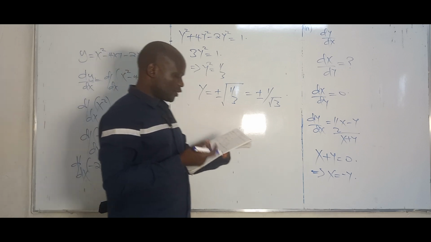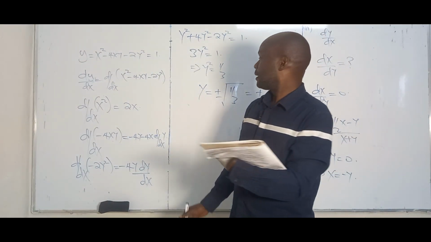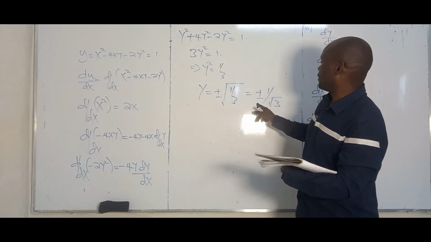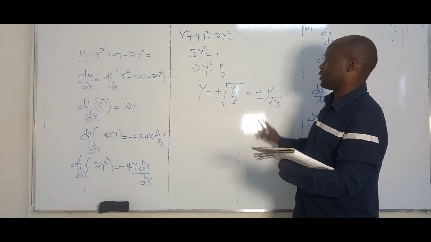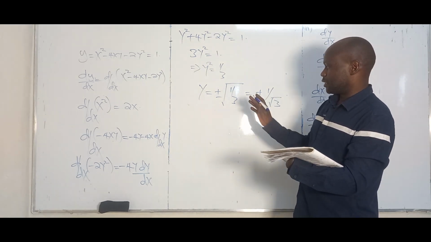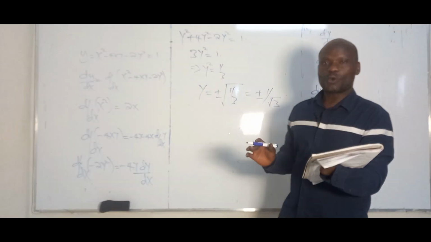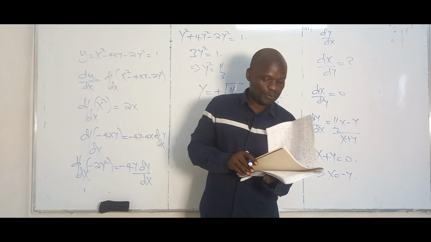Therefore the x coordinates of the points where the tangent is parallel to the y-axis are negative 1 over root 3 or positive 1 over root 3. That is the way you are expected to answer that question so that you score your marks fully. Up to there, see you in my next video.